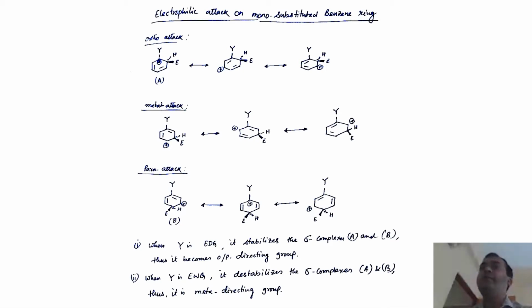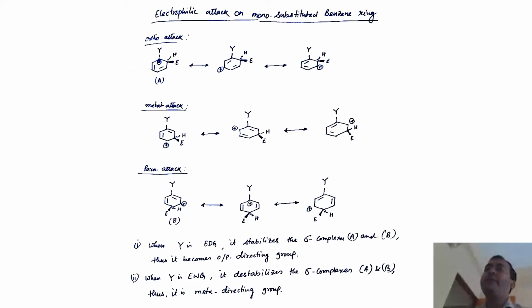The reverse will happen, because this positive charge is directly connected to the Y. If Y is an electron withdrawing group, then it will destabilize complex A, I mean the sigma complex A, and sigma complex B, I mean the middle one. So with an electron withdrawing group, ortho attack and para attack will not be feasible, because it will destabilize the sigma complex. Okay, so A and B will not be very stable.